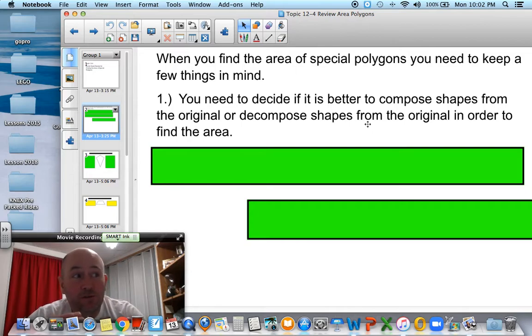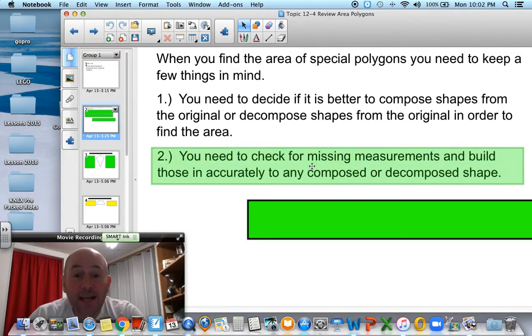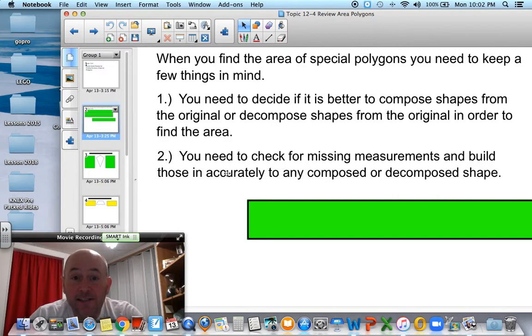So in other words, you might need to break a shape down or recombine it into another shape to find its area. All right? The second thing that I'd like you to keep in mind is that you need to check for missing measurements, and build those in accurately to any composed or decomposed shape you make.